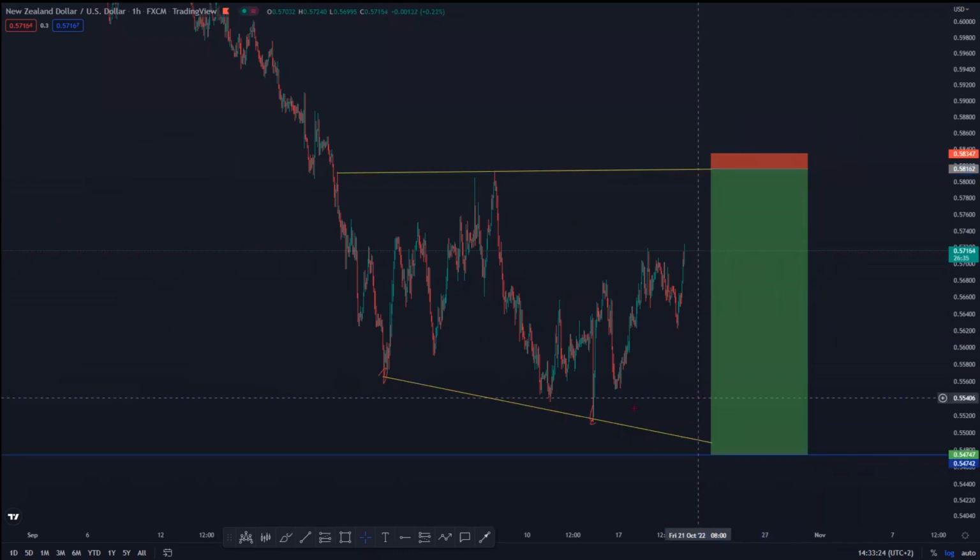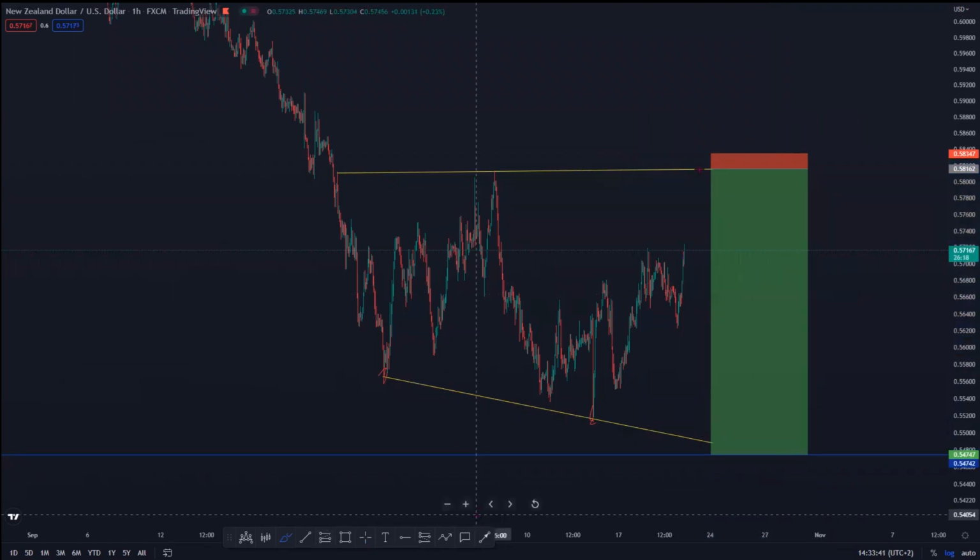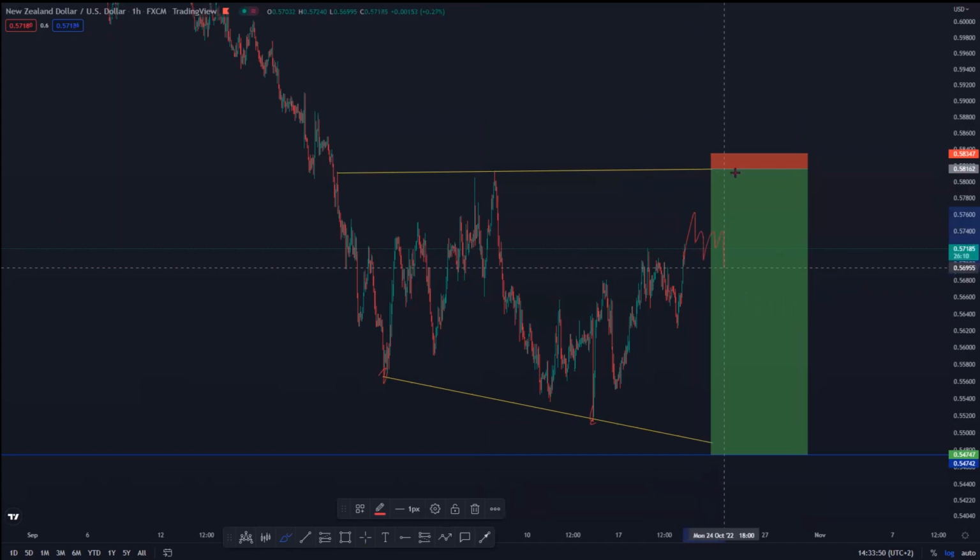But if the market comes and respects here and starts giving us a correction, going down, correction and going down, then we know, okay, we are cool. So yeah, impulse, correction and impulse. So the market might come and give us another correction and another impulse.